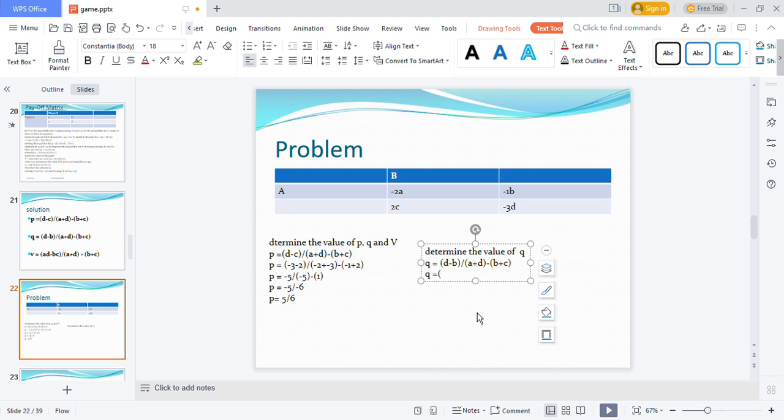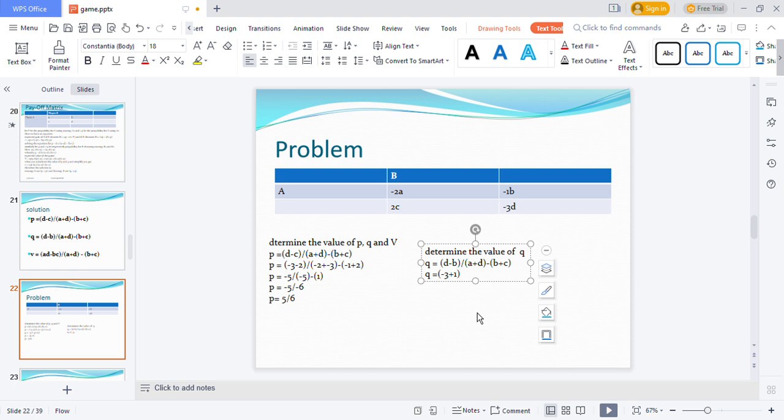So D is -3, minus, B is -1. So when you minus, it will be +1.